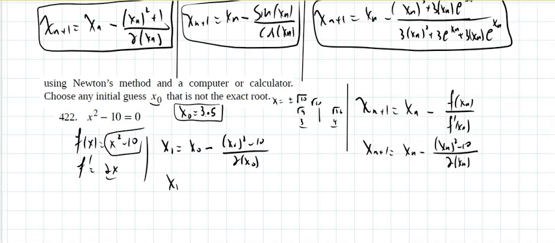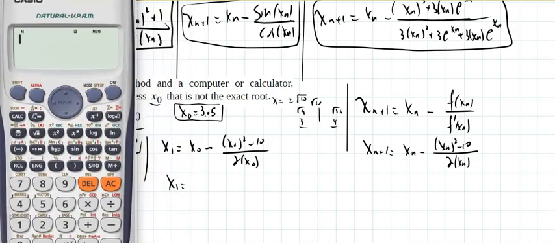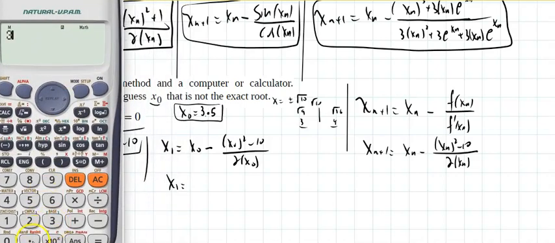And what that turns out to be is 3.5 minus parentheses 3.5 squared minus 10 close parentheses, divided by parentheses 2 times 3.5.